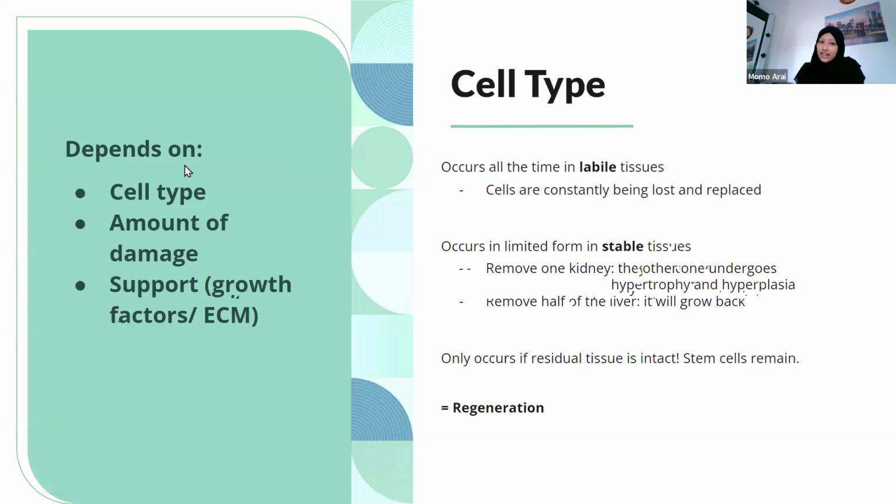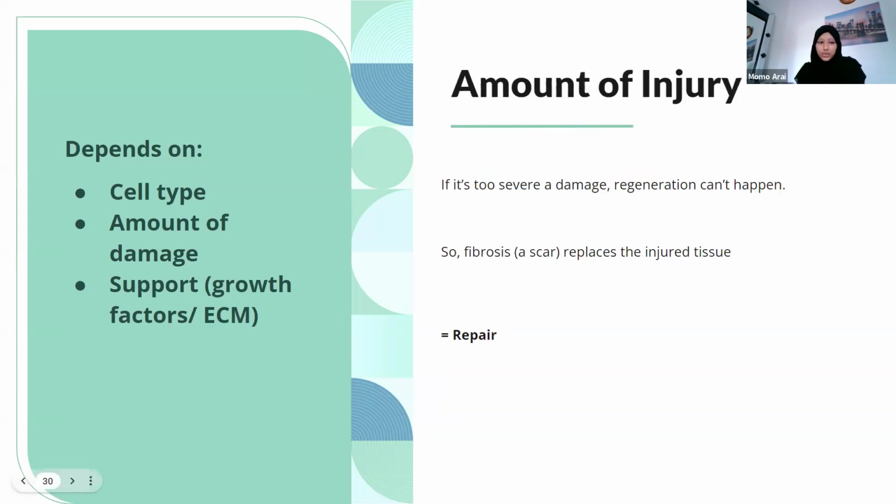Again, the healing depends on cell type, amount of damage, and the support, right? If the cell type is labile or stable, it will undergo regeneration. That's all you need to know. All the text is from his slide, but as long as that's clear, don't worry too much.